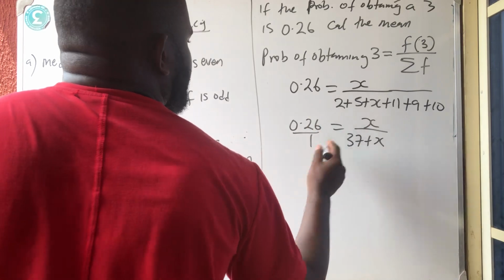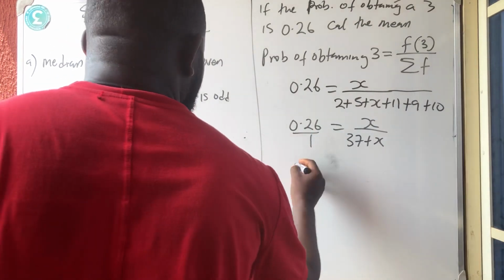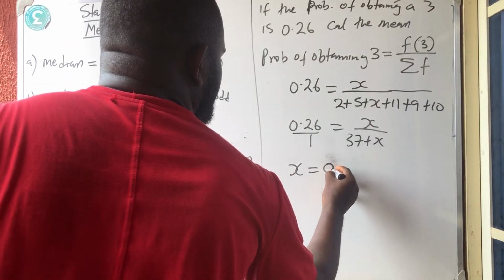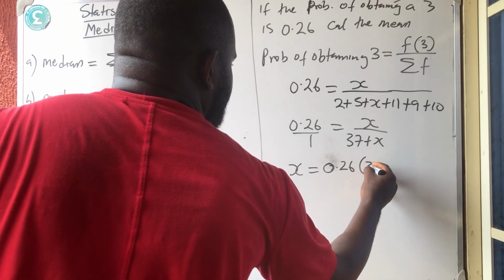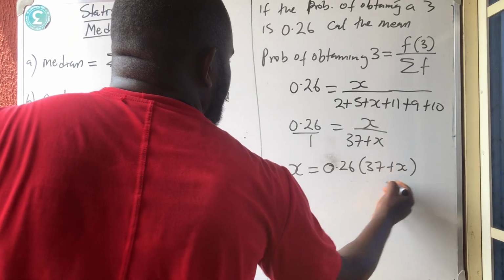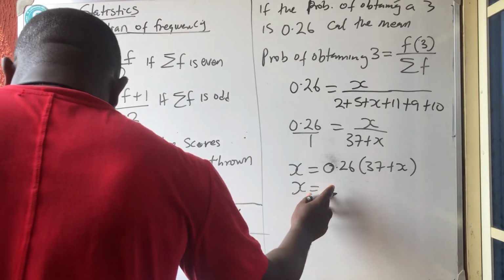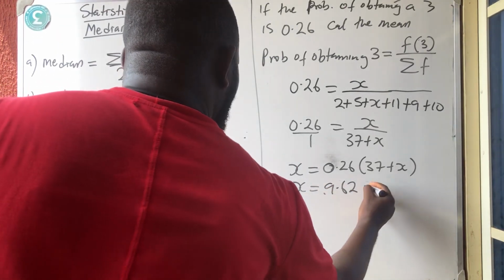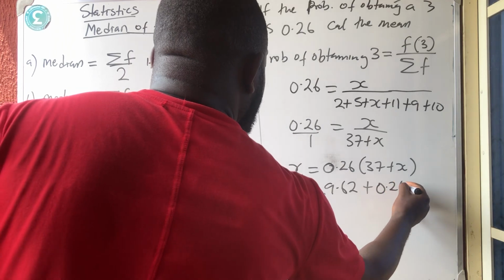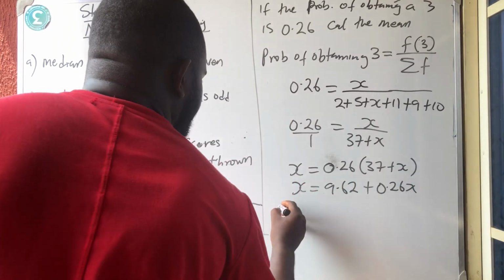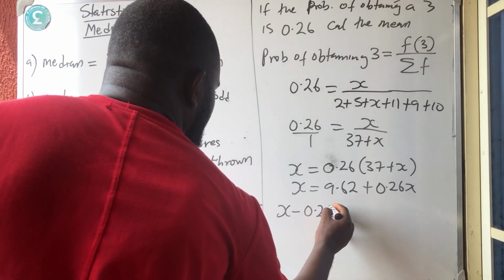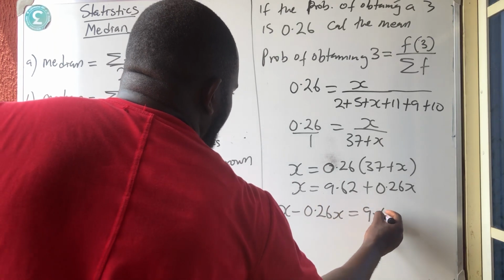If I cross multiply, I'm going to have x is equal to 0.26 bracket 37 plus x. So x is equal to 9.62 plus 0.26x.